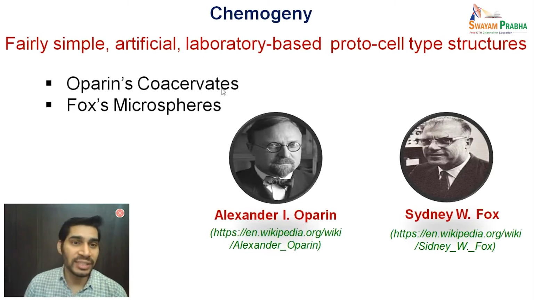So Oparin's coacervates and Fox's microspheres are basically laboratory based artificial protocell systems, but they are a sort of evidence that these kinds of structures could have existed on Earth for the origin of life.